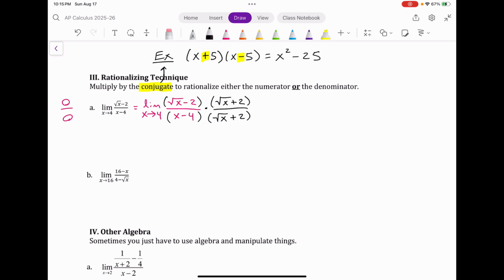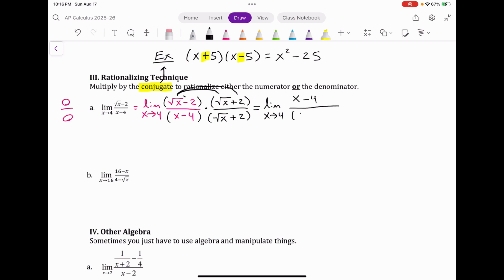And so we're going to multiply only the line that has the conjugate. So we're going to multiply only the top here. So remember, the middle term will zero out. So we have the limit as x approaches 4 for root x times root x is just x, and then minus 2 times 2 is minus 4.